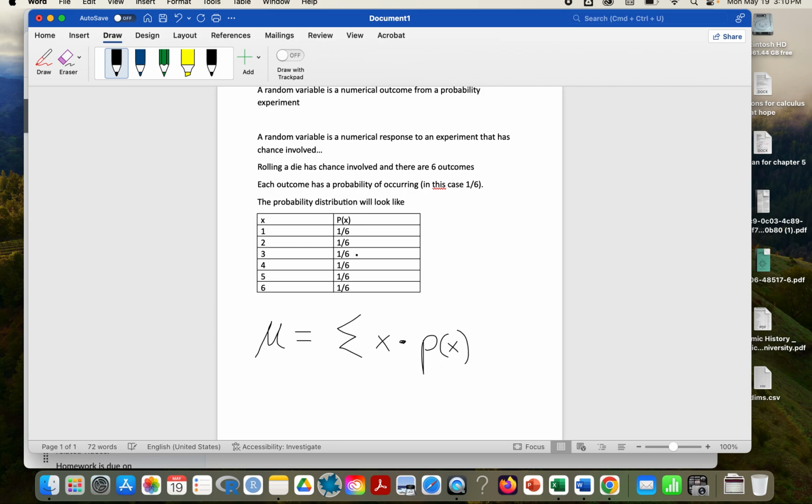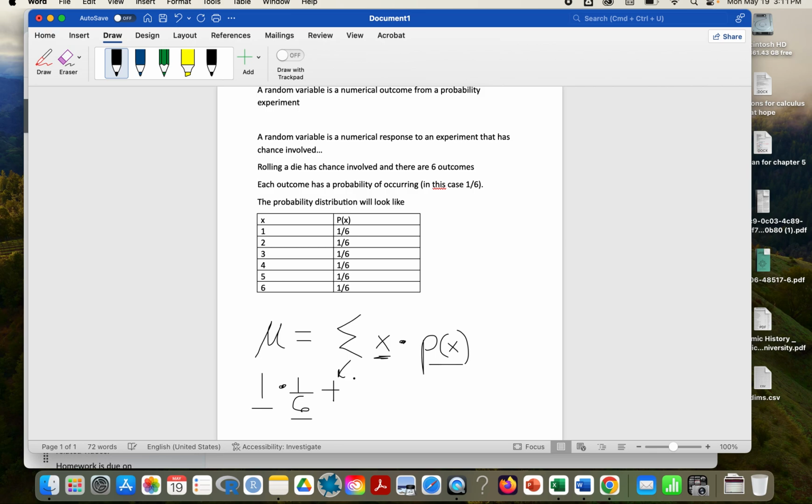So what's going to happen here is if we're trying to find the mean of this probability distribution, we're going to have 1, which is our first x, multiplied by 1/6, and then plus. So the summation is giving us the plus. This piece is giving us the 1, and this piece is giving us the 1/6.